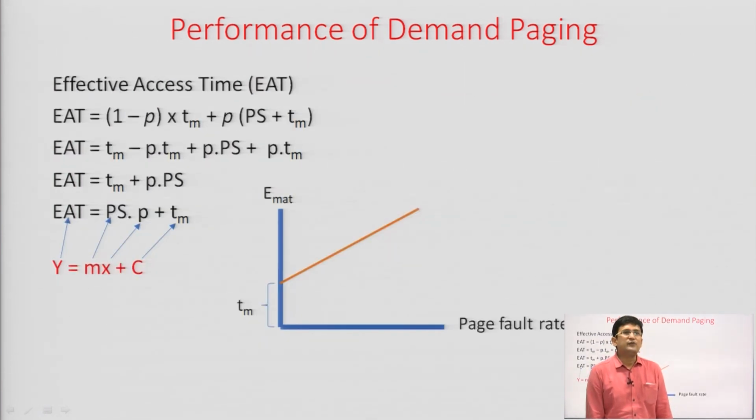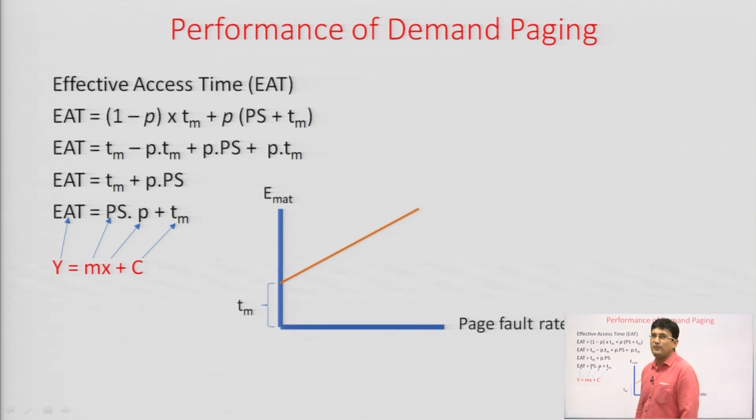If we expand this formula further, we will find a straight line equation. For example, (1 minus p) into Tm plus p into (Ps plus Tm). Let us expand it: multiply Tm with both quantities, Tm and p Tm, and multiply p with the other quantities, p Ps and p Tm.